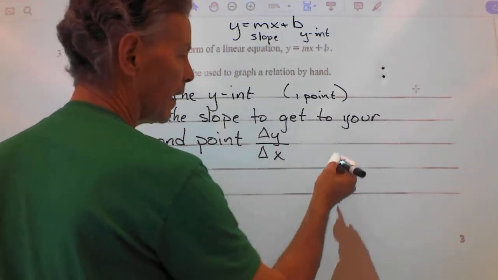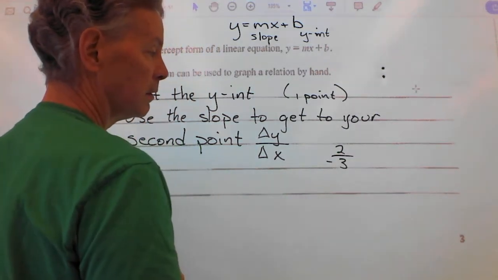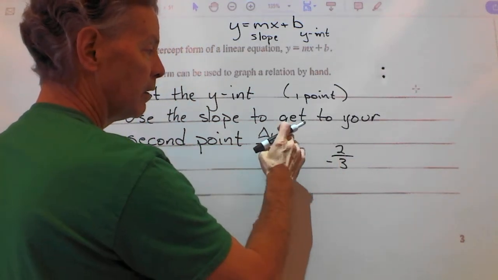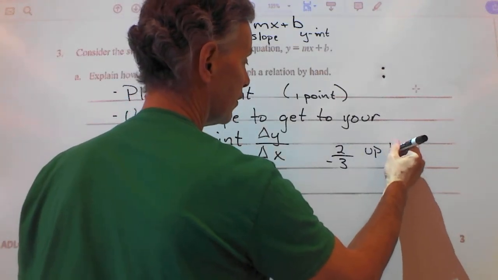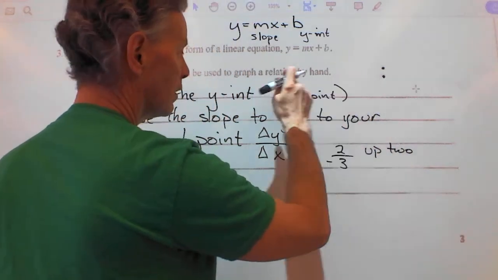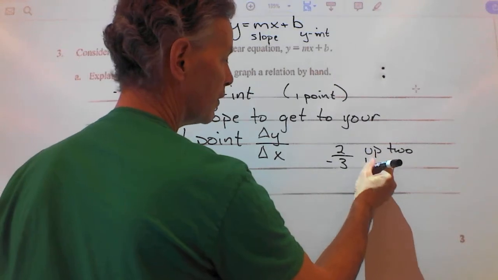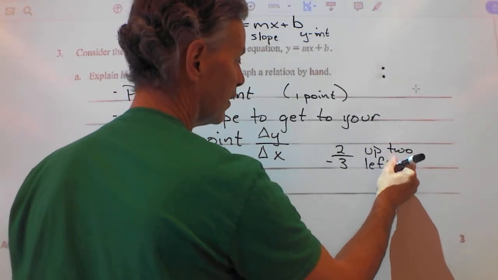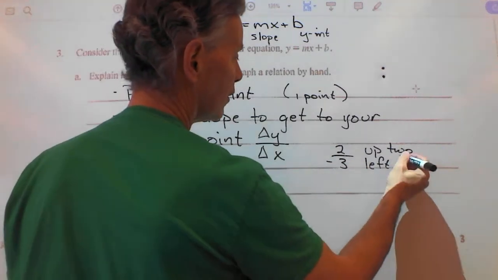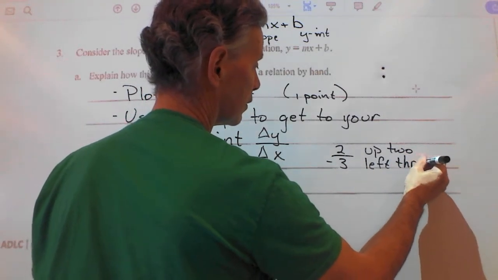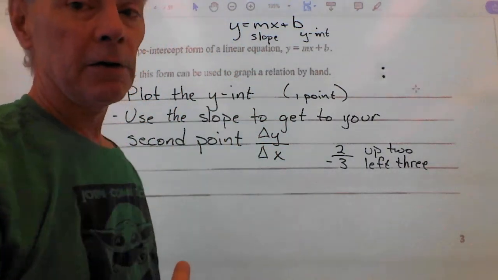So for example, if I had a slope of 2 over negative 3, that would mean my change in y is positive 2, so I would go up 2 from my y-intercept, and my change in x is negative 3, so that means I would go to the left, right? Because to the left is towards more negative things along the x-axis. So left 3. So that's how I would graph this relation by hand.